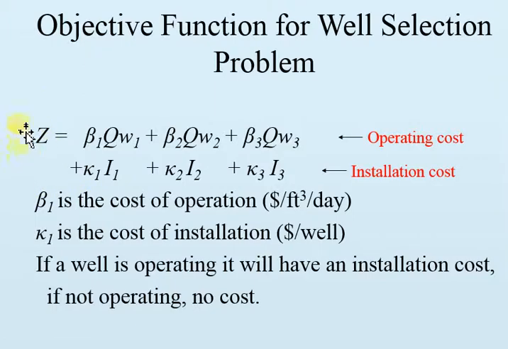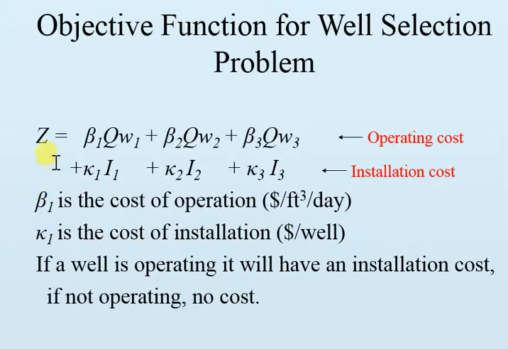Z is the objective function, which we're going to minimize, and it consists of the summation of the pumping rates, as we've seen before, multiplied by a cost coefficient for each pumping rate, and added to that is the summation of the binary variable values with a cost of installation for each well.